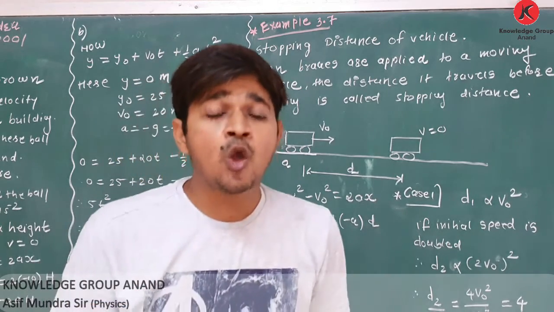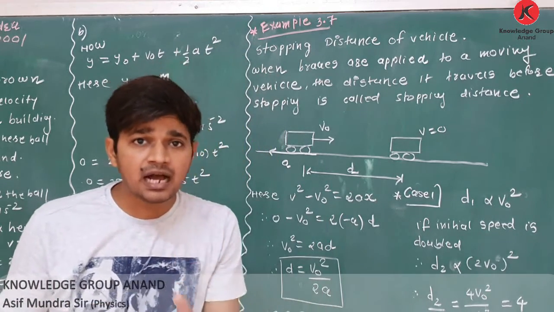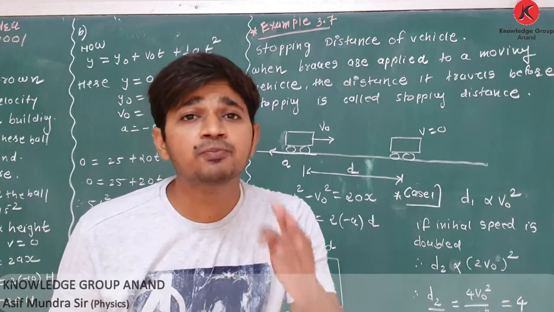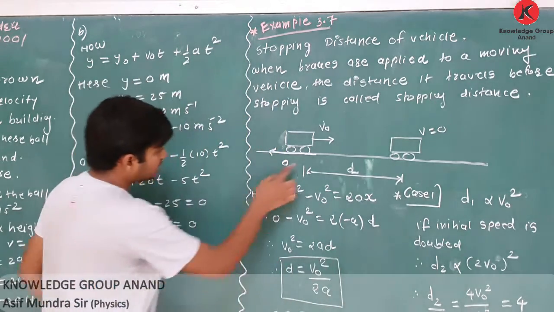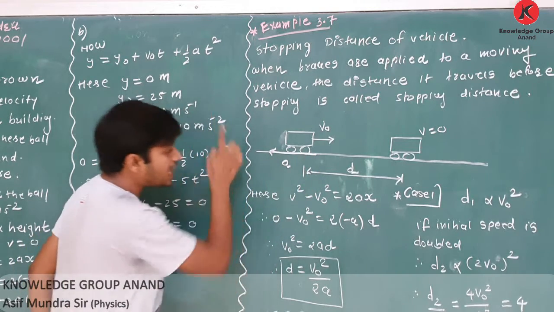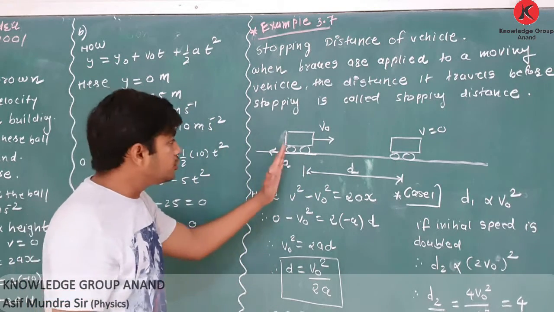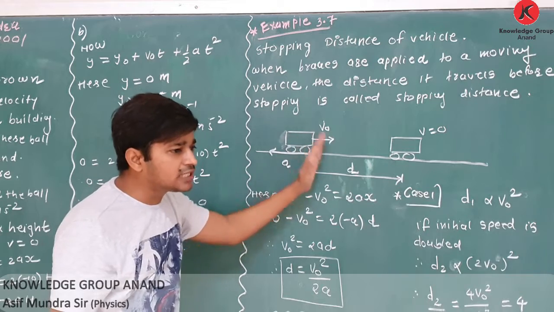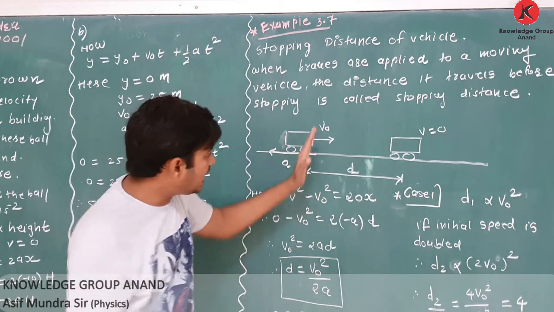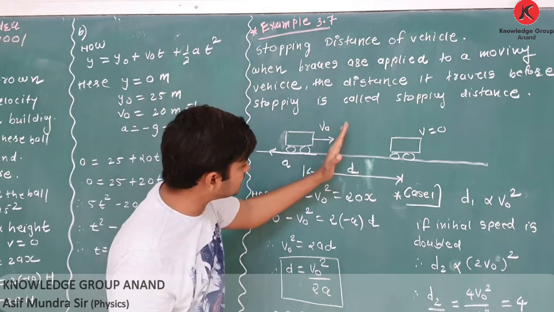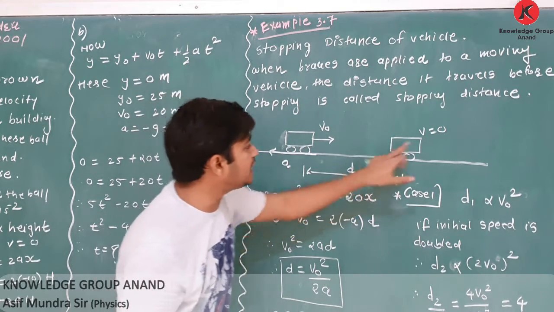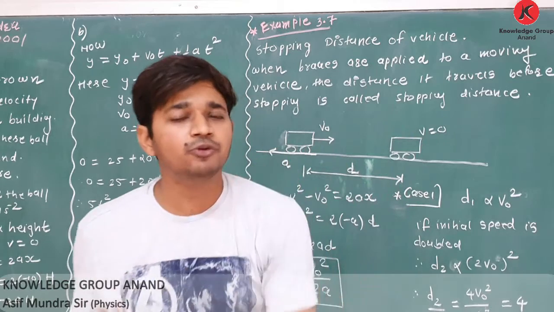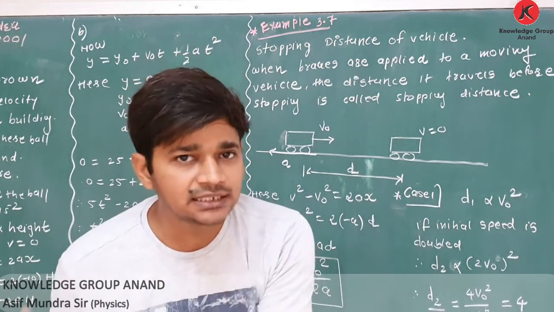We know that whenever brakes are applied, acceleration is produced in the opposite direction of velocity, and due to that its motion opposes and its velocity decreases, and after traveling distance d, its velocity will become 0.